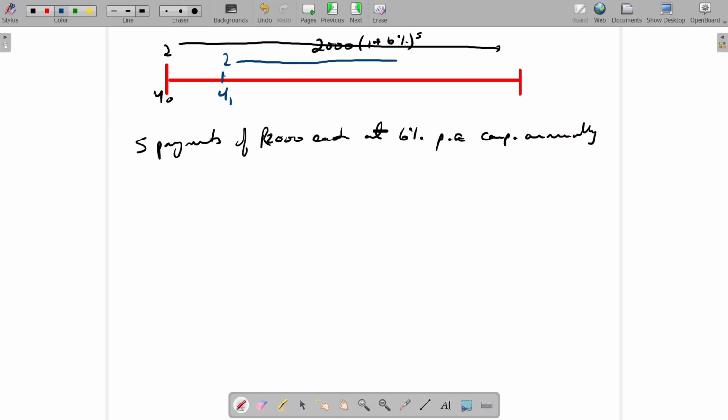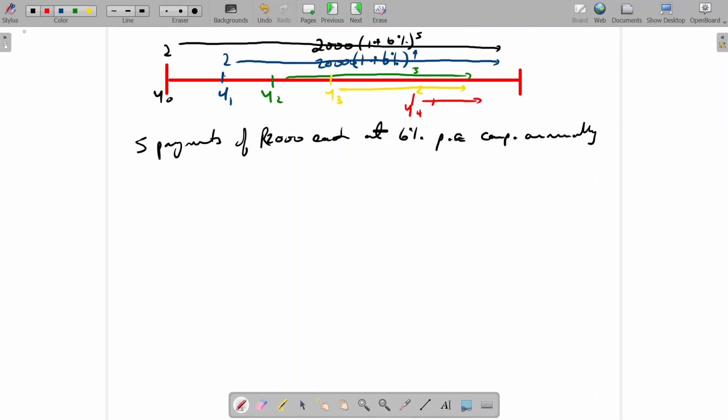That's going to now lie here. 1 plus 6%. But I hope you can see this is not only going to be worth lying here for 4 years. The next payment will lie here for 3 years. The next payment would, for example, lie here for 2 years. Okay. And the final payment, because there's no real point in making a payment and withdrawing it, so the final payment at the end of 4 years would only lie here for a single year.